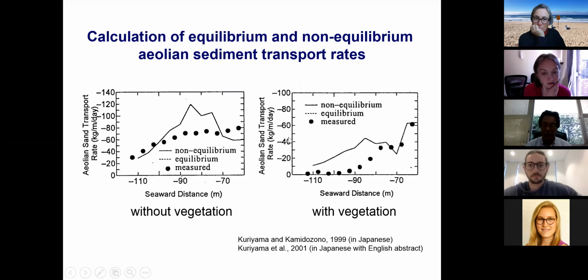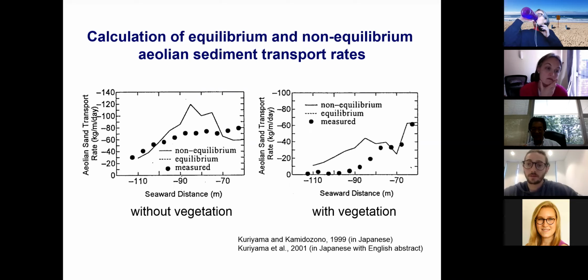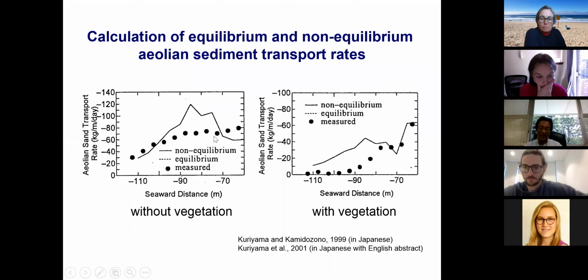Actually, I did this calculation about 20 years ago. The measured aeolian sediment transport rate was estimated using the assumption that the aeolian sediment transport rate was zero at the landward limit of the investigation area. So probably the real aeolian sediment transport rate would have been larger than the one shown in these figures.